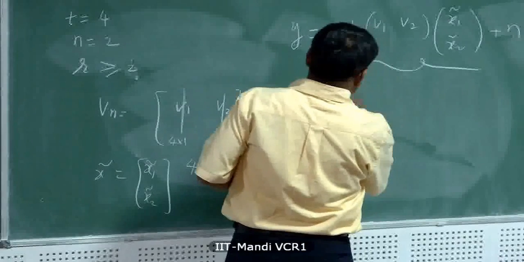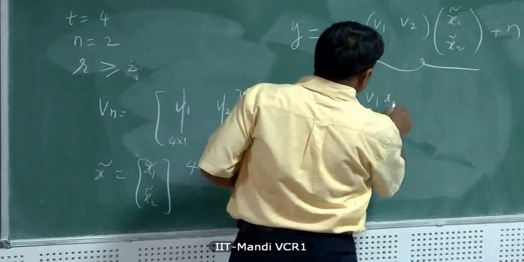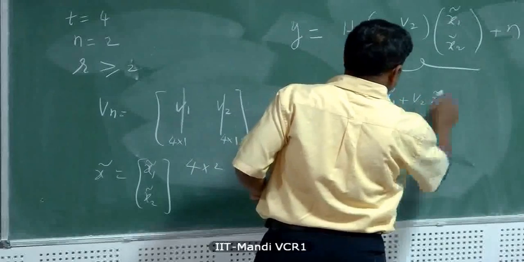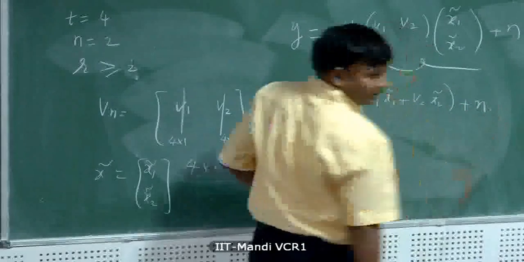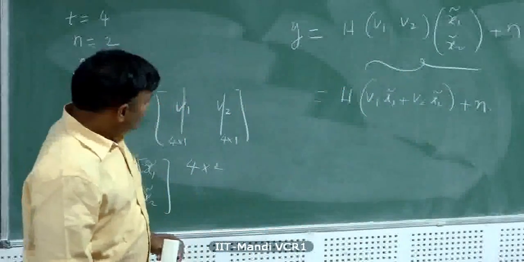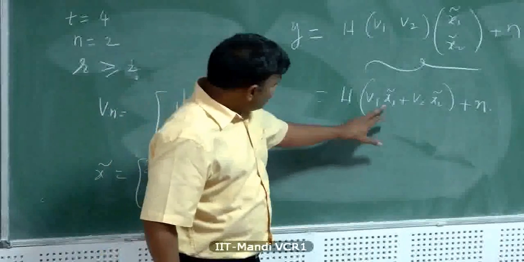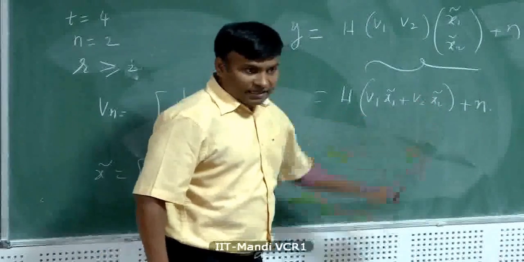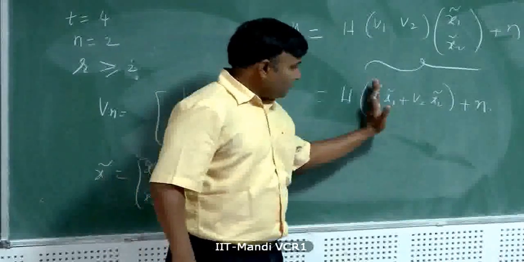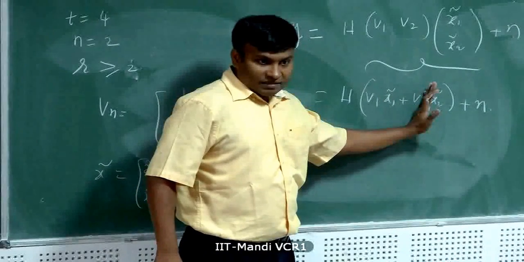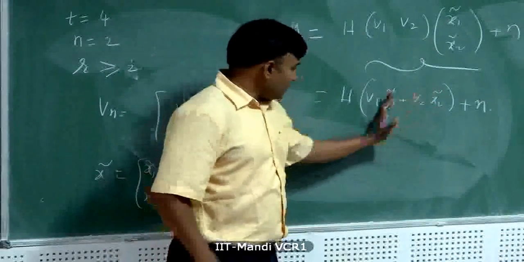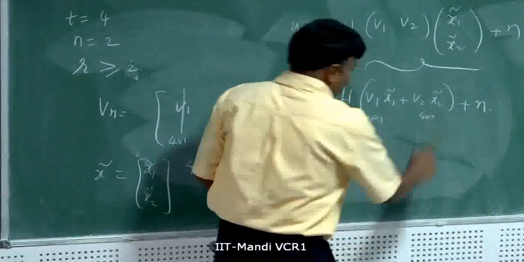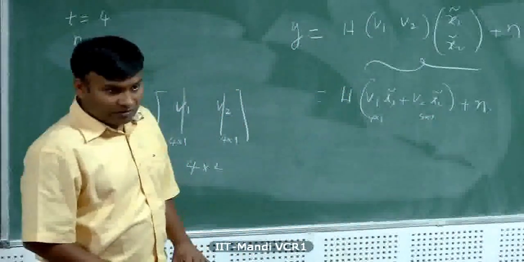This can be written as V1 x1 tilde plus V2 x2 tilde plus n. So what is transmitted is a linear combination of x1 tilde and x2 tilde with these vectors multiplying them. And the size of this vector is 4 by 1.